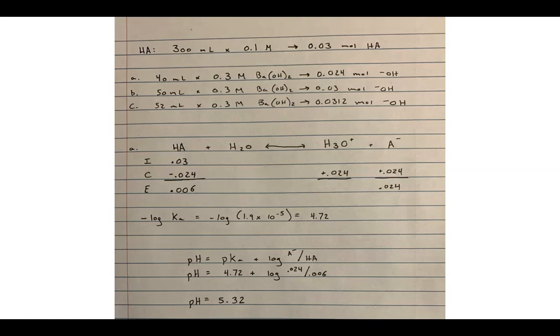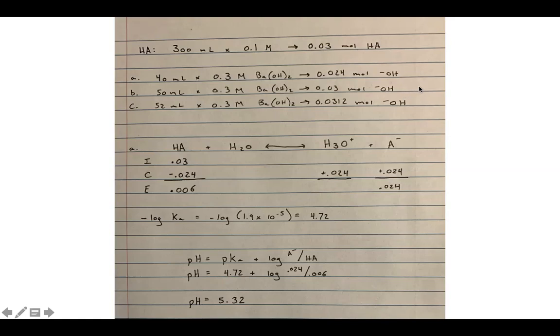Okay, and you'll notice that each one of these points represents a different scenario, right? Remember, if our moles of weak acid is greater than our number of moles of strong base hydroxide, we are before the equivalence point. Okay, so A is before the equivalence point. If the number of moles of weak acid and strong base hydroxide are the same, right, we are at the equivalence point.